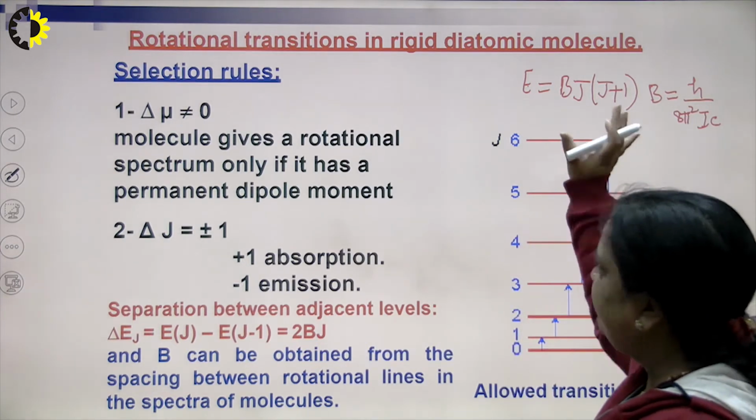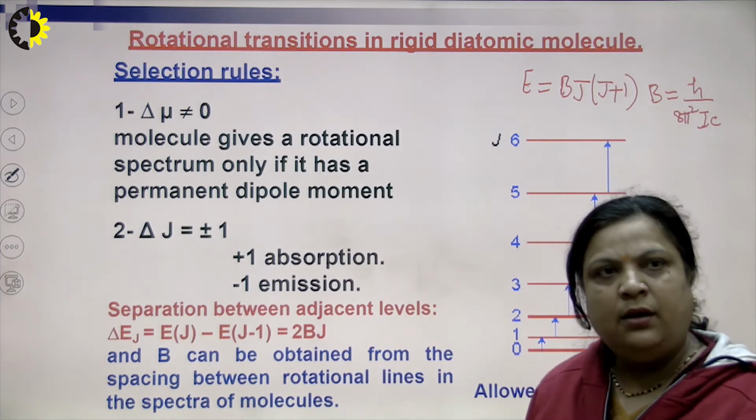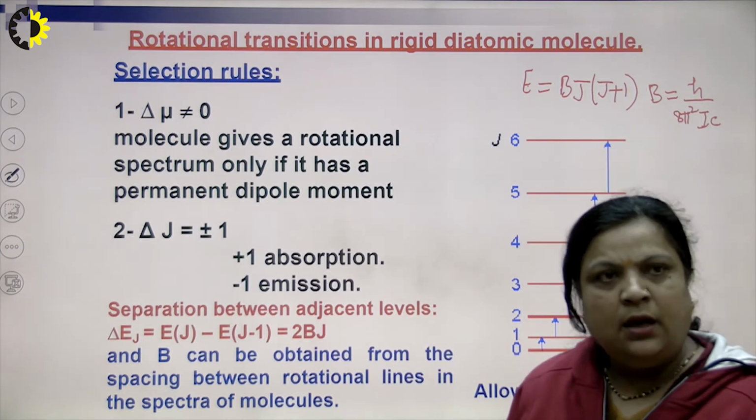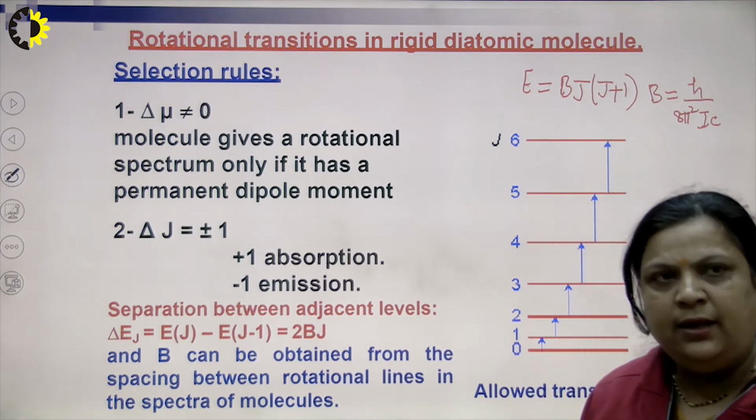So, in the previous lecture we derived this energy formula. Now, what is the application? How do we find the energy?